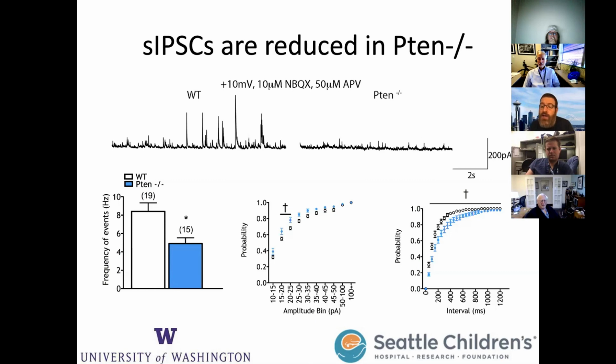The lower left-hand side graph shows you that the frequency of GABAergic events in these animals with PTEN loss are significantly lower, and that spans a variety of GABAergic amplitudes and a variety of inter-GABAergic event intervals. So less GABAergic inhibition in these PTEN negative animals.